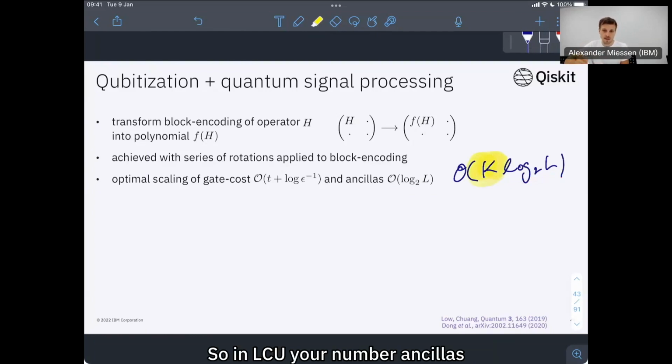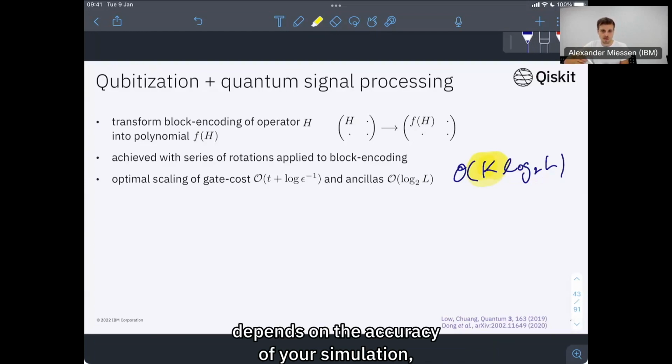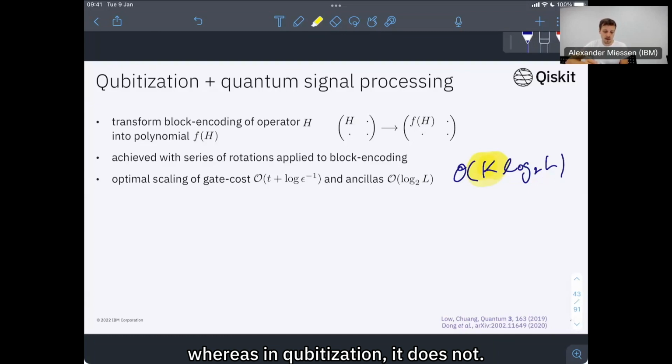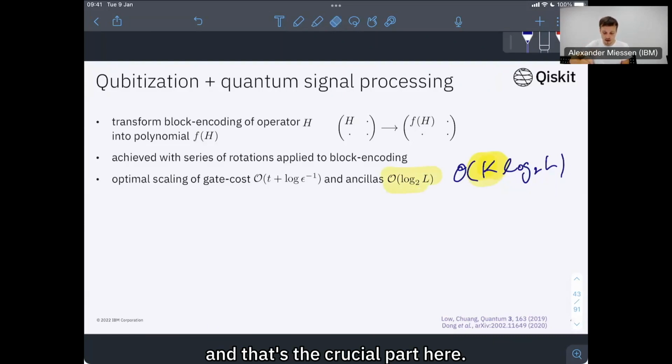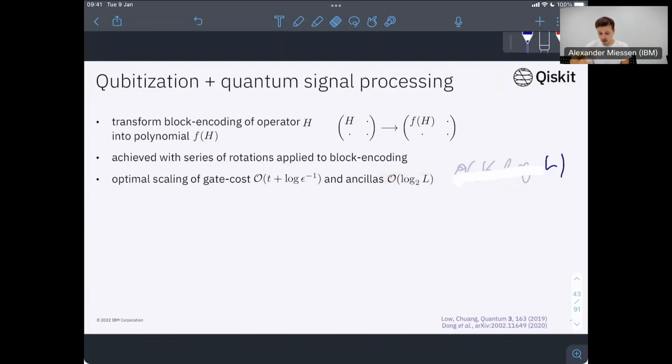So in LCU, your number of ancillas depends on the accuracy of your simulation, whereas in qubitization, it does not. It is independent of simulation time and accuracy, okay? And that's the crucial part here.